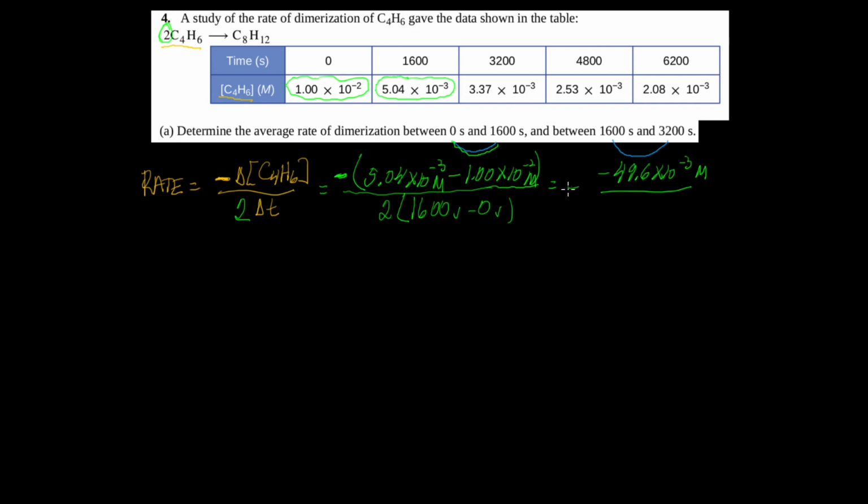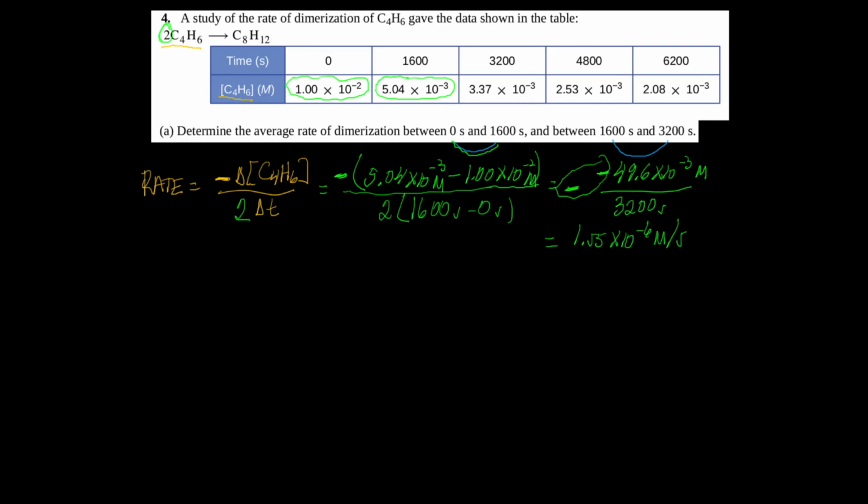And on the bottom I get 3200 seconds. So these negative signs help us turn this quantity into a positive quantity. And for the final answer here, I get 1.55 times 10 to the minus 6. And the units here are molarity per second.